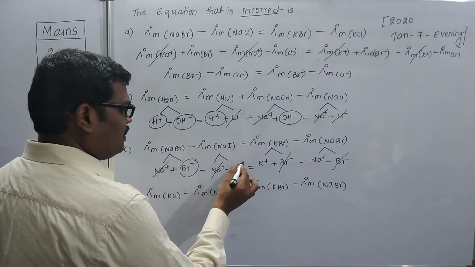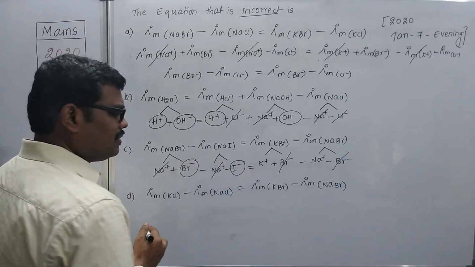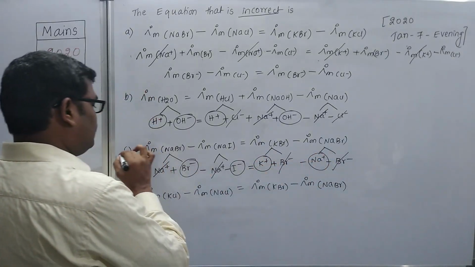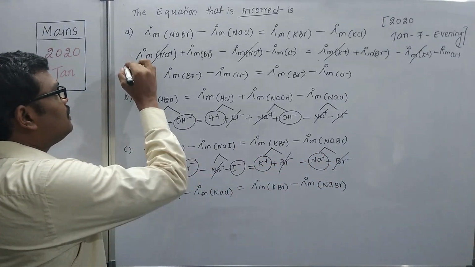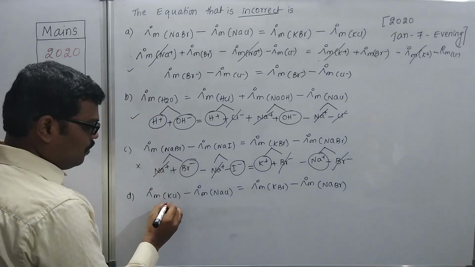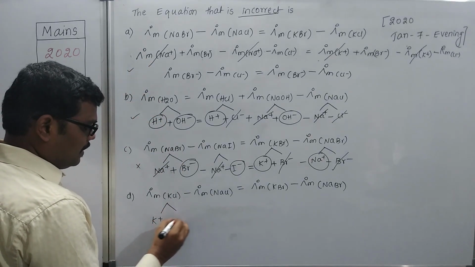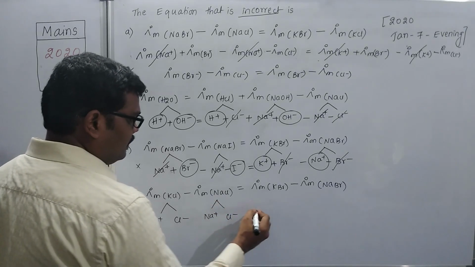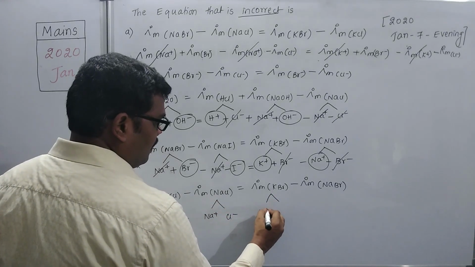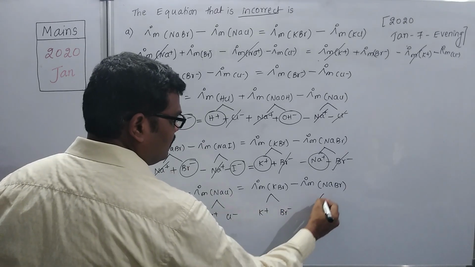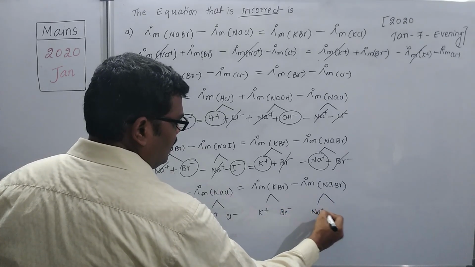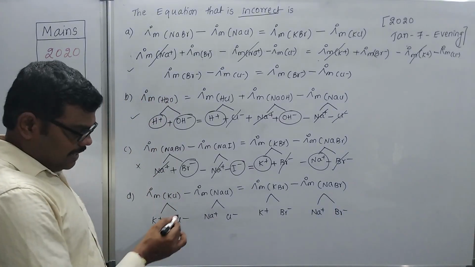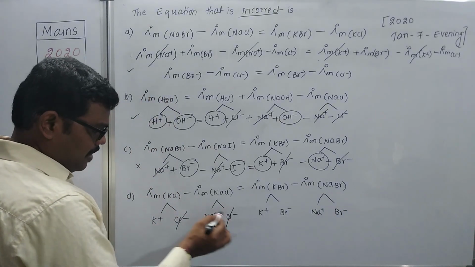Br- and I-. But what is remaining on the other side? K+ and Na+. This is an incorrect statement. The others are correct. We go for the last one. K+ Cl-, Na+ Cl-, K+ Br-, Na+ Br-. Now this Cl- and this Cl- will be cancelled.